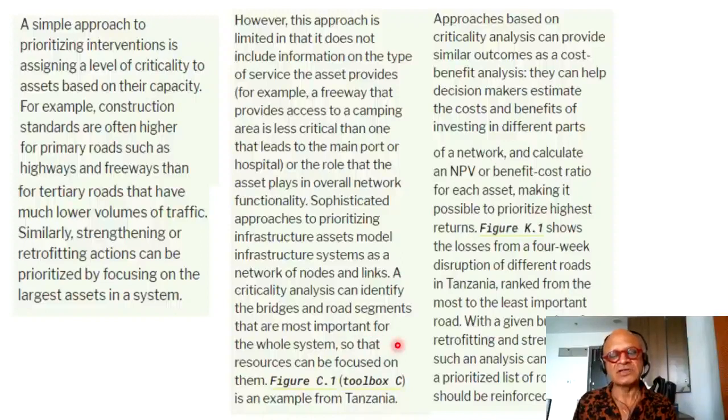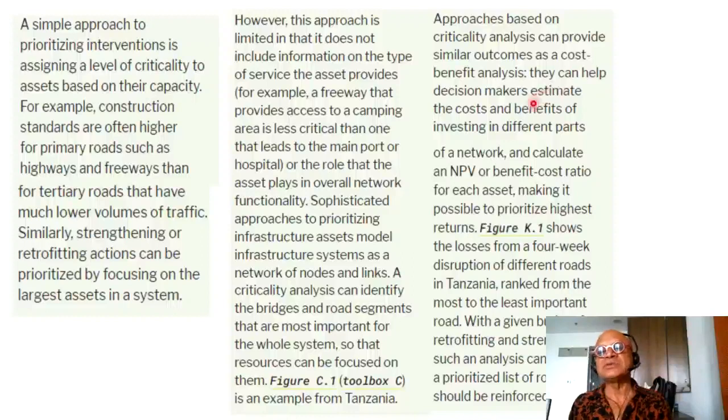Figure C1 that we'll see in toolbox C is an example from Tanzania that we had looked at, international lines, domestic lines, and so on. Approaches based on criticality analysis can provide similar outcomes as a cost-benefit analysis.